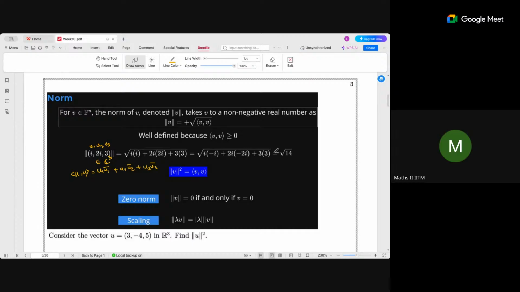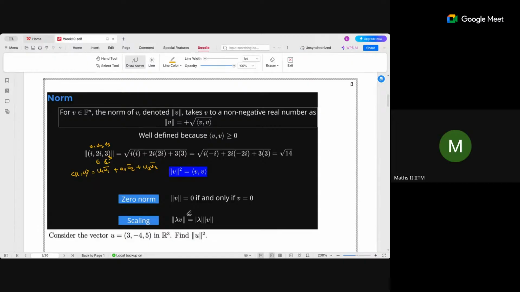Is that clear? Computing the norm of a complex number. If you square both sides, then norm v squared is the inner product v comma v. And norm v is 0 if and only if v is 0. When you have a scalar inside the norm, it comes out with a modulus sign: norm of lambda v is mod lambda times norm v.